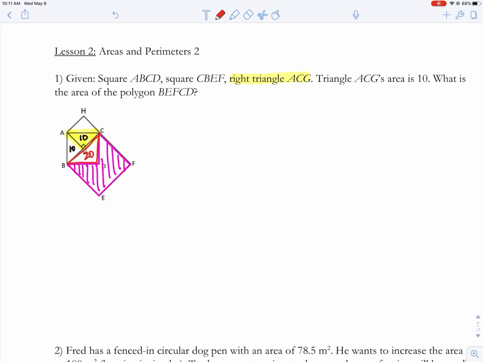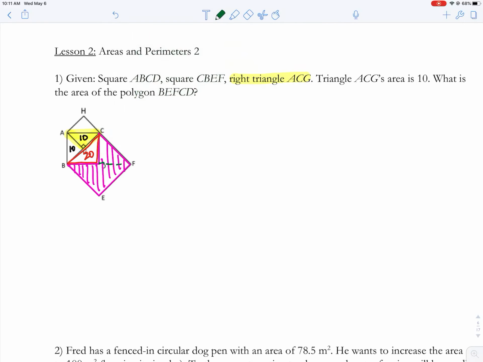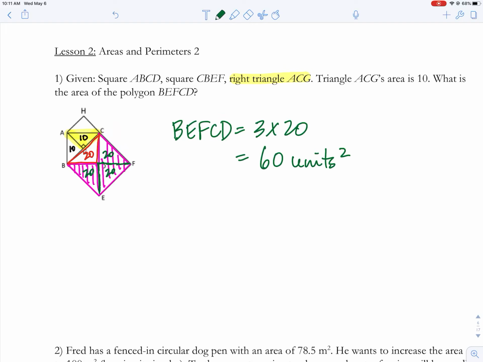And if that triangle is 20, then I'm going to draw some dashed lines. If we take the square that has the pink part in it and we split that one into quarters, if 1/4 was 20, then that would be 20, that would be 20, and that would be 20. So that means that BEFCD is going to be 3 times 20 or 60 units squared. So that's how I would do that problem.